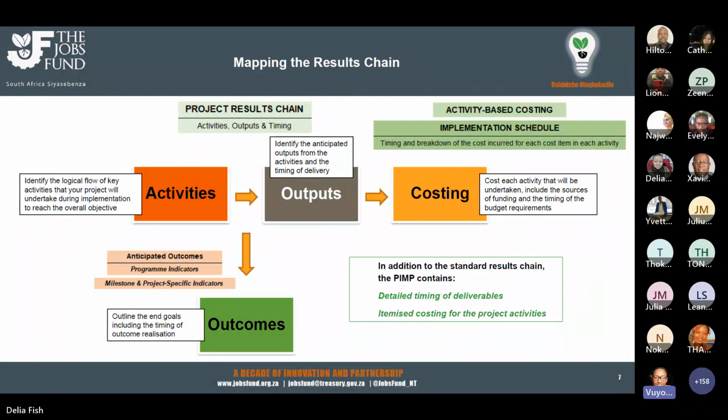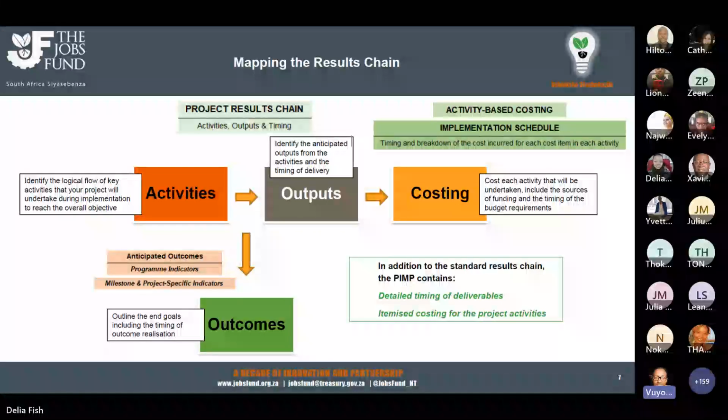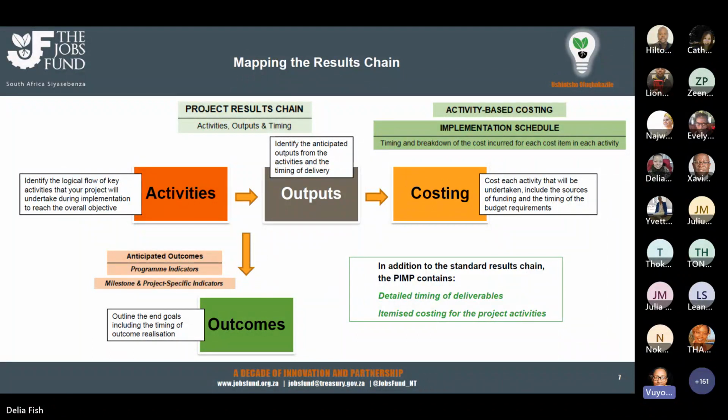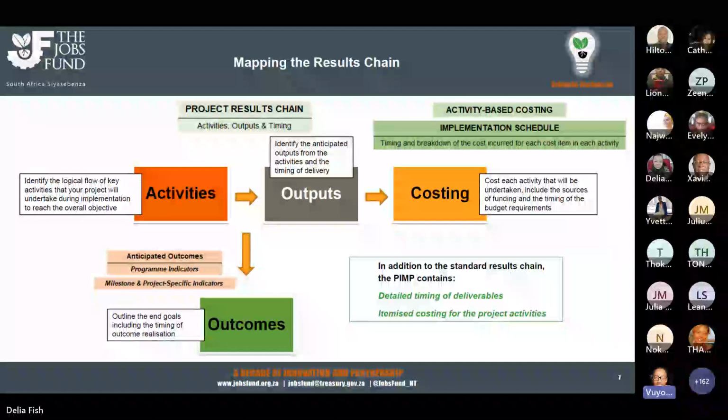All of this, of course, activities and outputs are costed. And so we'll also take you through a live demonstration of how we go about costing for activities and outputs, which in turn will then give us our outcomes.